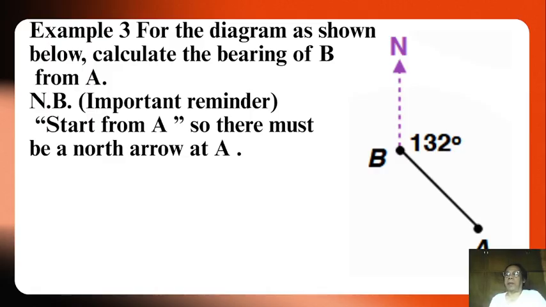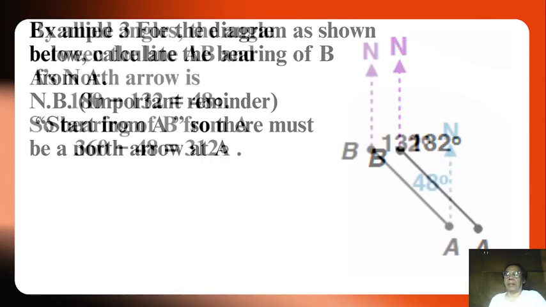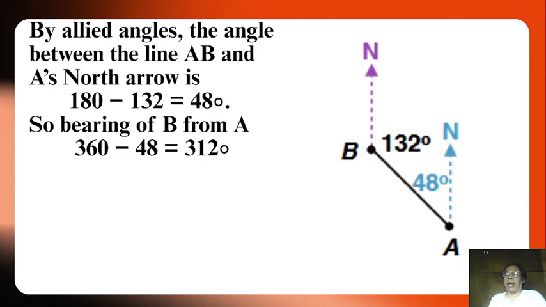So, start from point A. There must be a north arrow at A. So write a north arrow, and then the angle between the north and the line AB is 48 degrees.